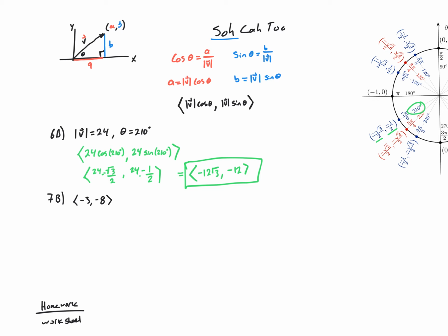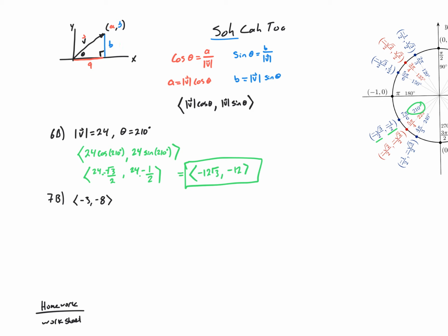Now let's say we wanted to go the other way. We wanted to somehow find that angle. If we know its component form, if we know a and b, like we do here, we know tangent has a ratio of opposite over adjacent.